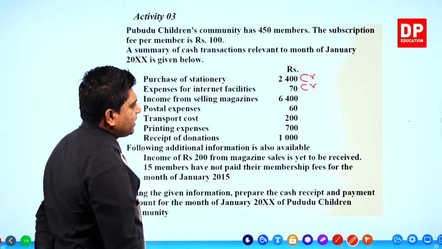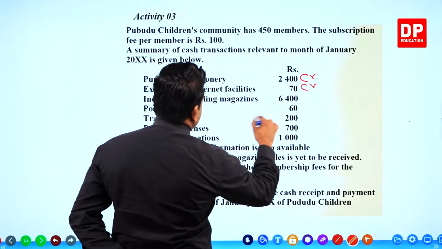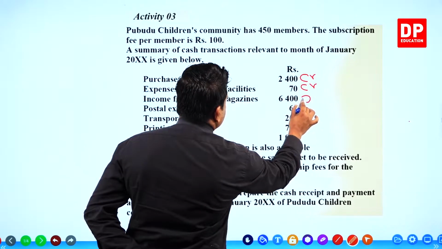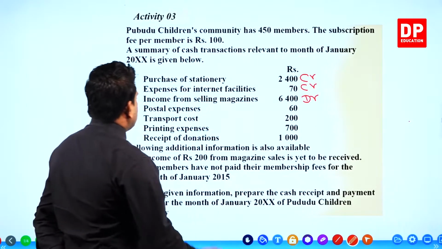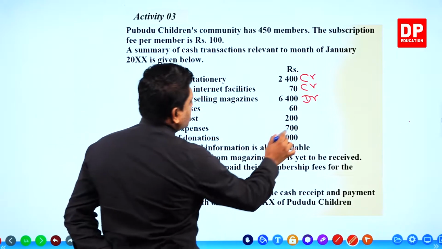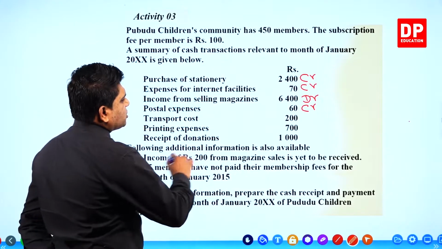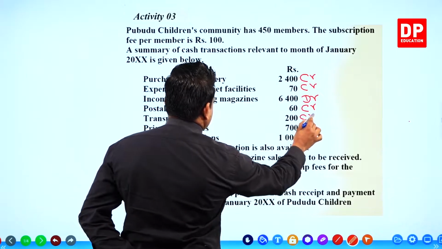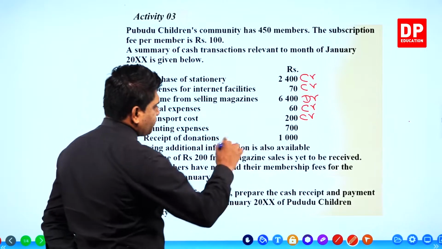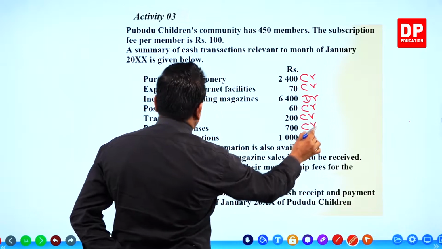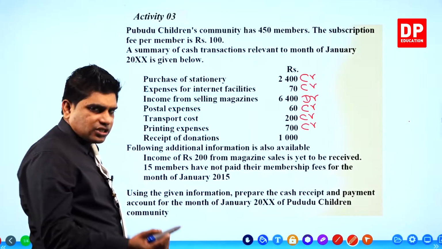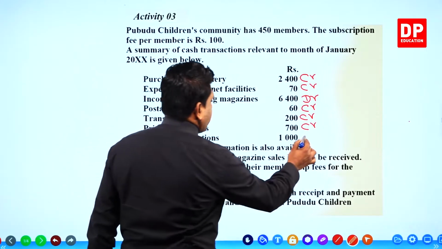Income from selling magazines, income, right? So, we received money, debit. Postal expenses, we give money, credit. Transport cost, we give money, credit. Printing expense, we give money, credit. Receipts of donation, we received money, so it comes to the debit side.